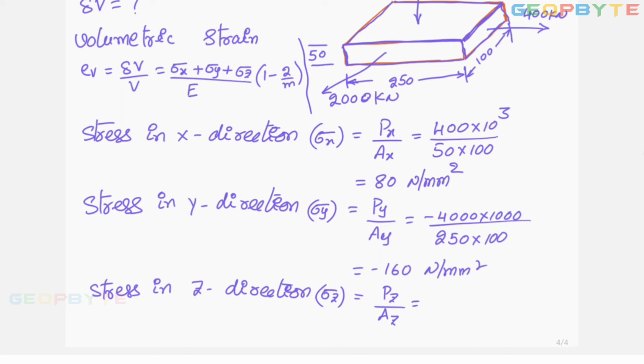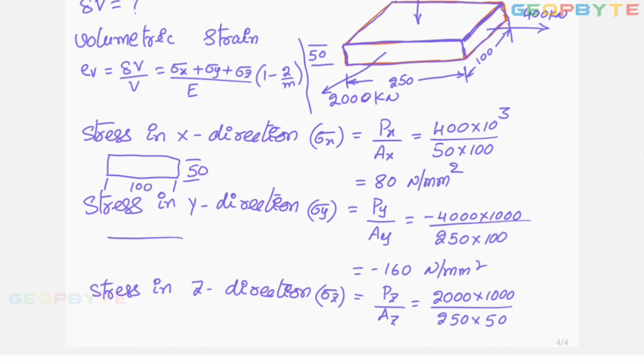The load in that direction is 2000 into 1000 divided by the area in that direction, 250 into 50. So the area for the x direction is 50 by 100.